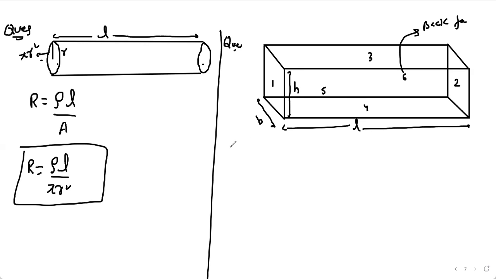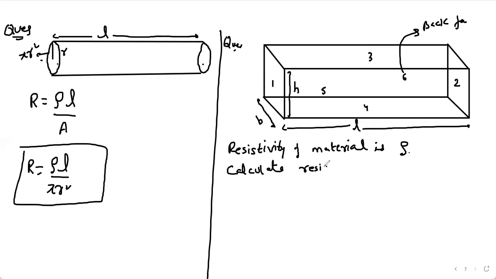Resistivity of the material is rho. Calculate resistance between points.